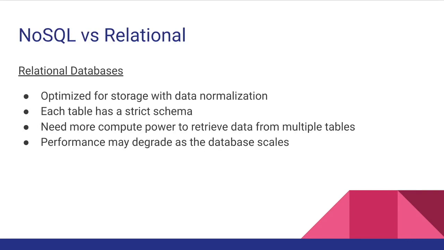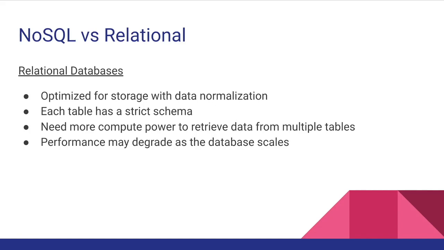Relational databases have been in use for the longest time. MySQL, Oracle, and Microsoft SQL Server are some of the examples. Relational databases use data normalization to split the data across multiple tables for efficient storage. Storage is one of the main concerns.